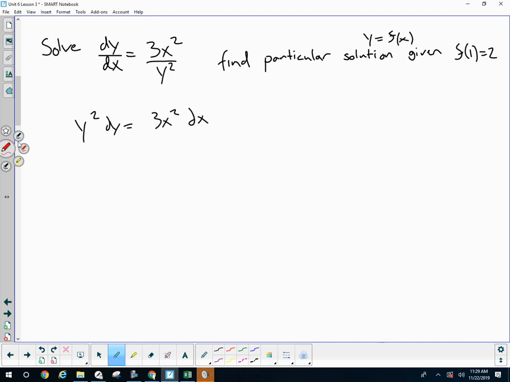To do this, I multiply both sides by y squared because y squared is in the denominator. I'll multiply both sides by dx because dx is in the denominator. When you multiply, that'll cancel, that'll cancel.